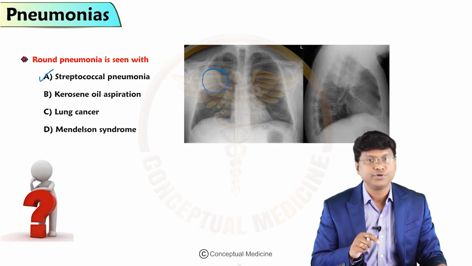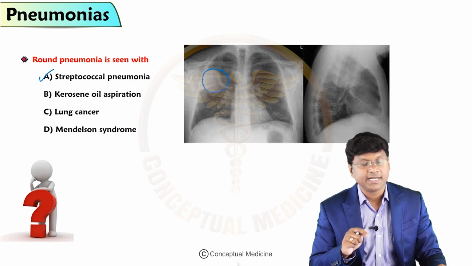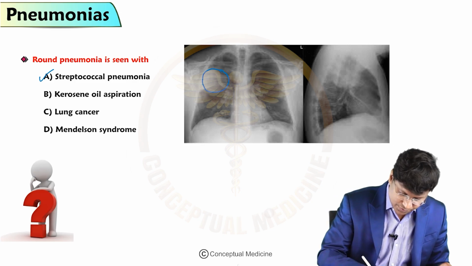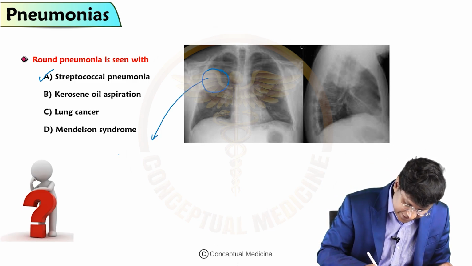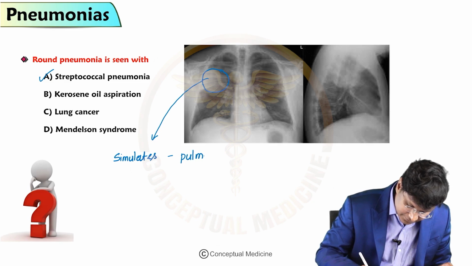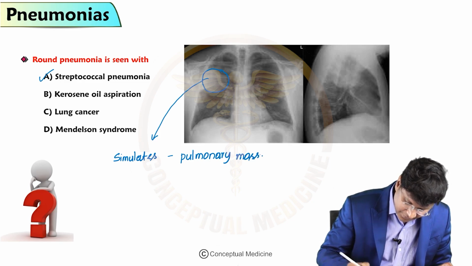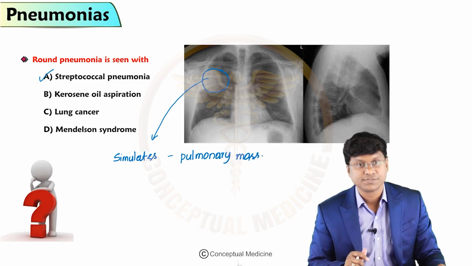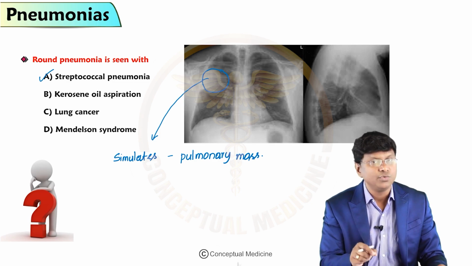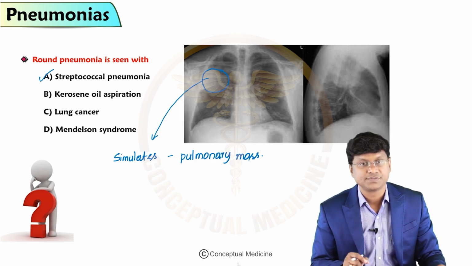And this round pneumonia can occasionally manifest as a round opacity simulating a pulmonary mass. Which one? This particular round pneumonia, which is a round opacity, simulates a pulmonary mass.